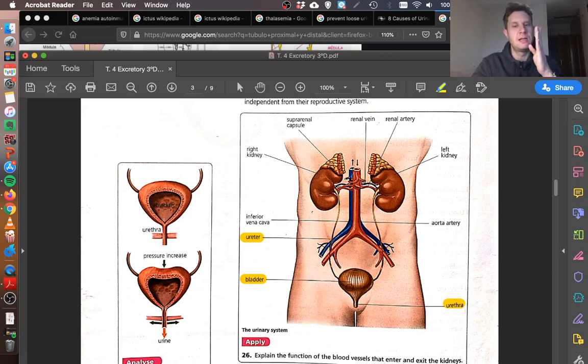And if you have an infection here, good, antibiotics. But if the bacteria get all the way to the kidneys, to have an infection in the kidneys is tough. It's very difficult. It's a problem.